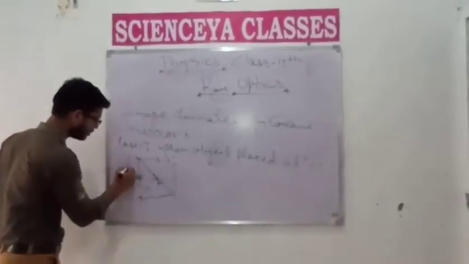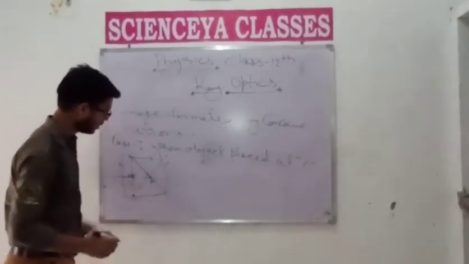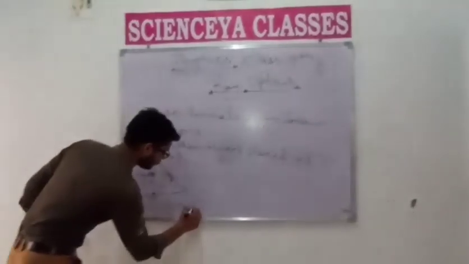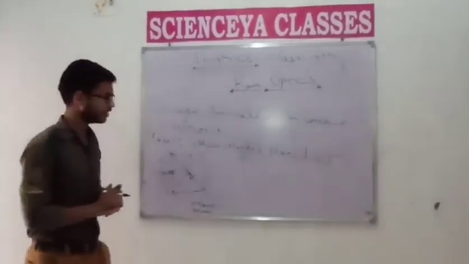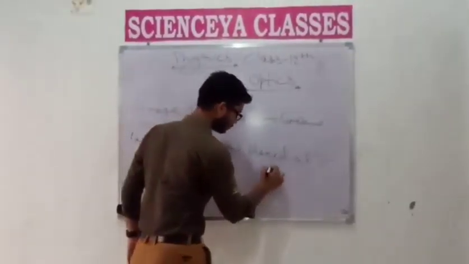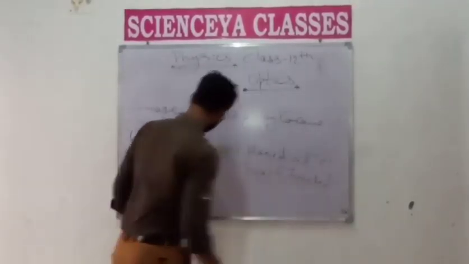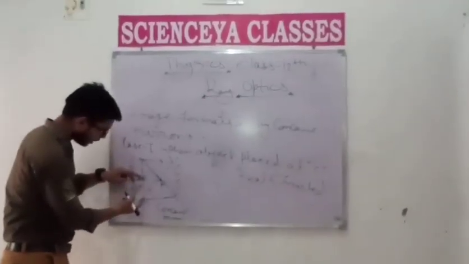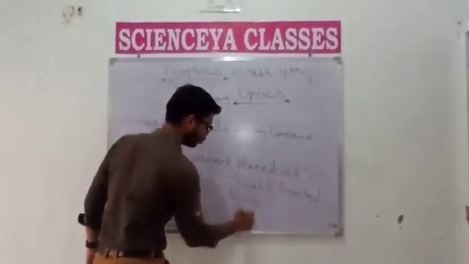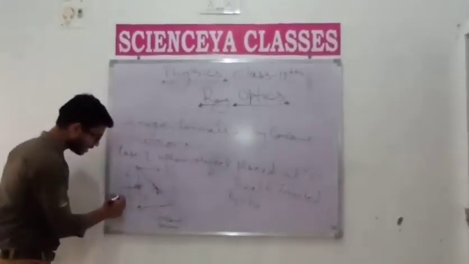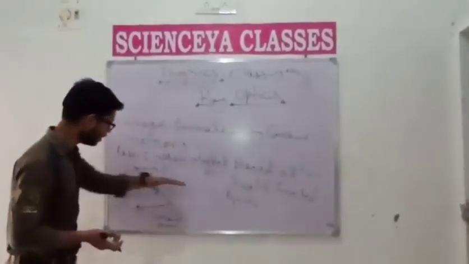And suppose the height of object is HO, height of image is HI. So student, in this case, we have the conclusion about the image A dash B dash that the image is real and inverted. Second, the size of object is equal to the size of image. So student, here HI is equal to HO. The negative sign is just to represent that the image is formed below the principal axis.